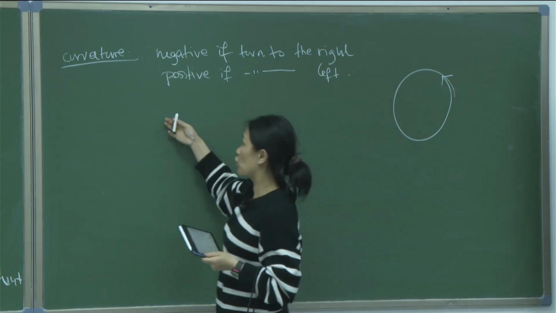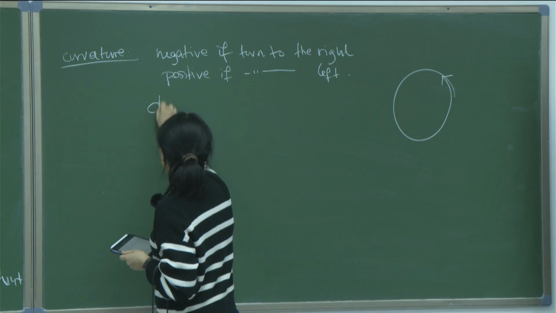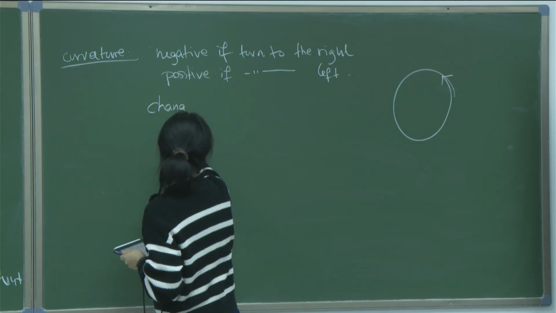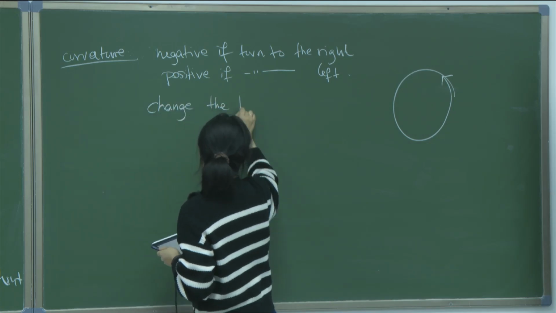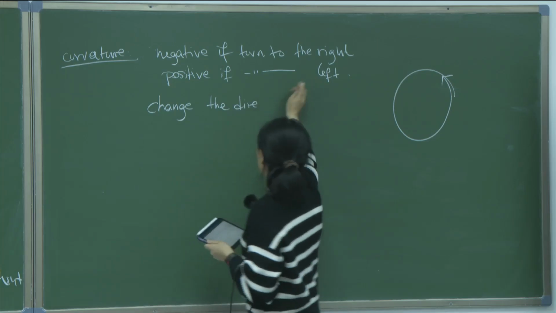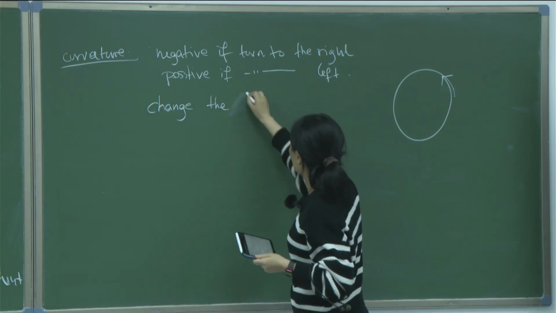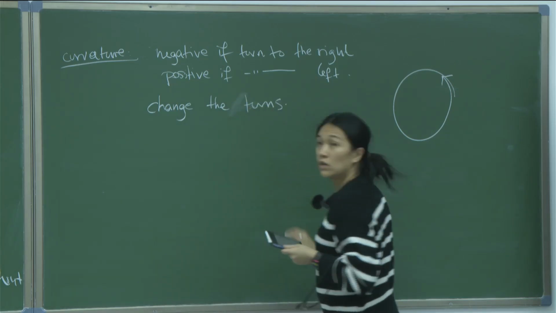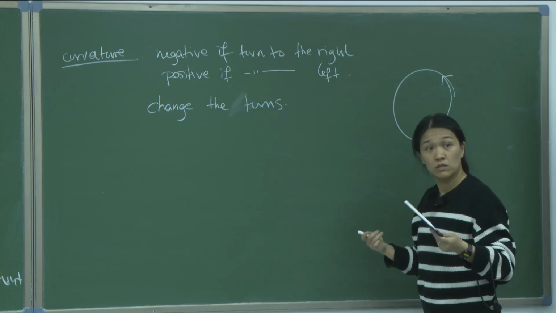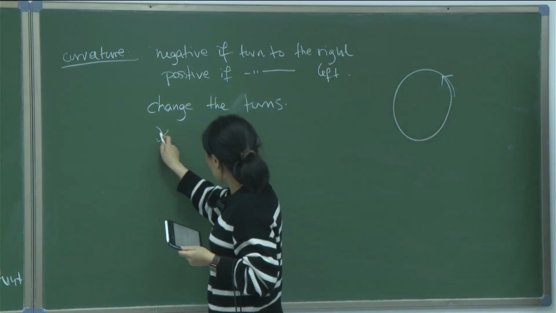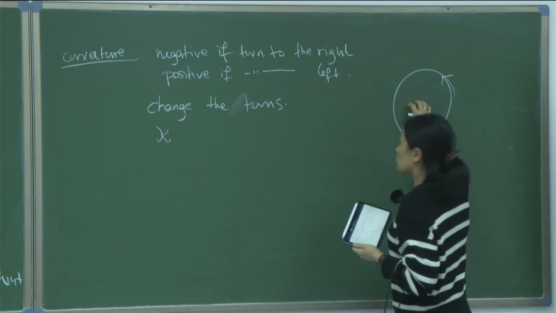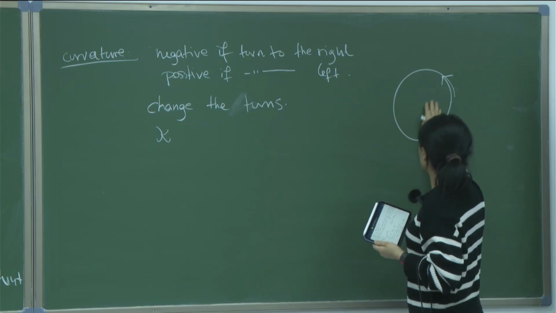And then, of course, there are some problems when you change the directions, meaning change the turns. What do I mean by problems? Okay? You have a kappa. The curvature is normally the curvature of a circle, how it's bent.